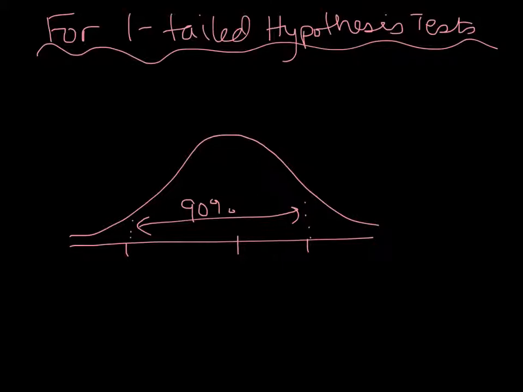So if you are doing a one-tailed hypothesis test, which, by the way, if you recall, means, for example, that your alternative hypothesis is either greater than or less than, it's going to be slightly different. So then it corresponds to a confidence interval.